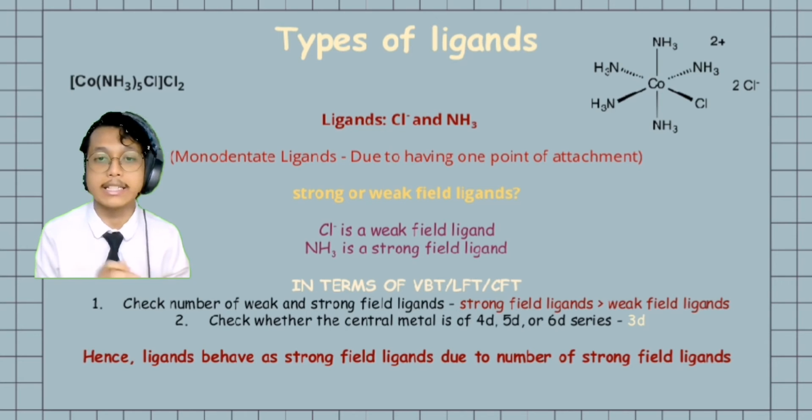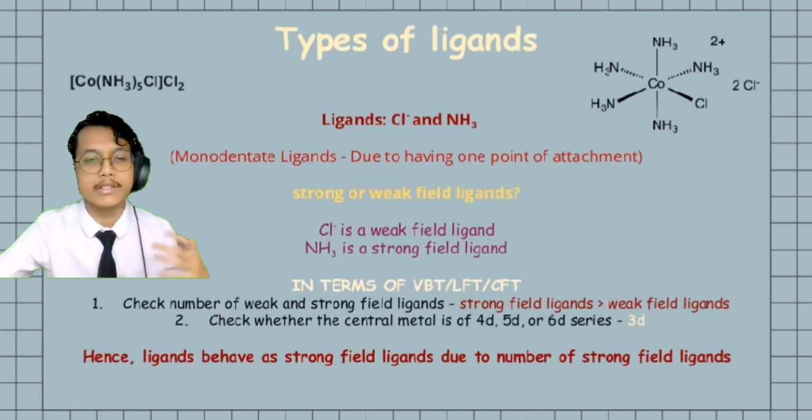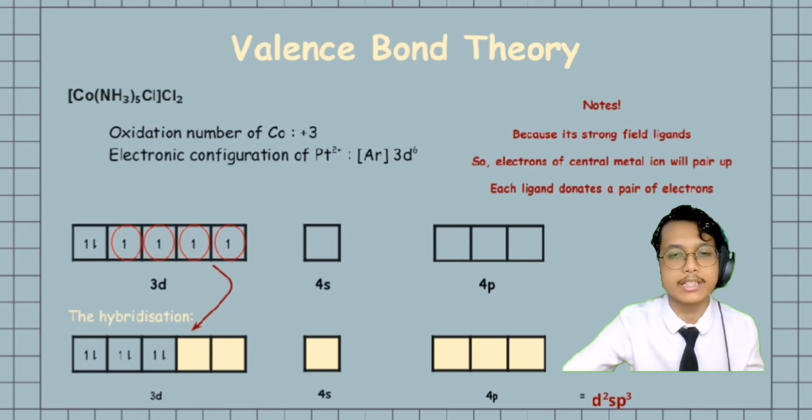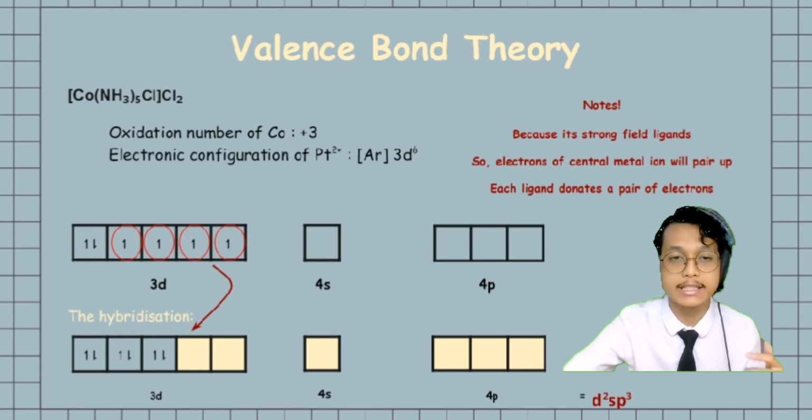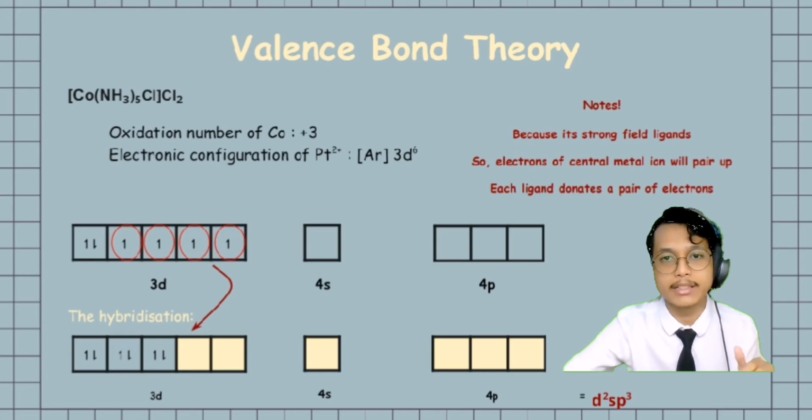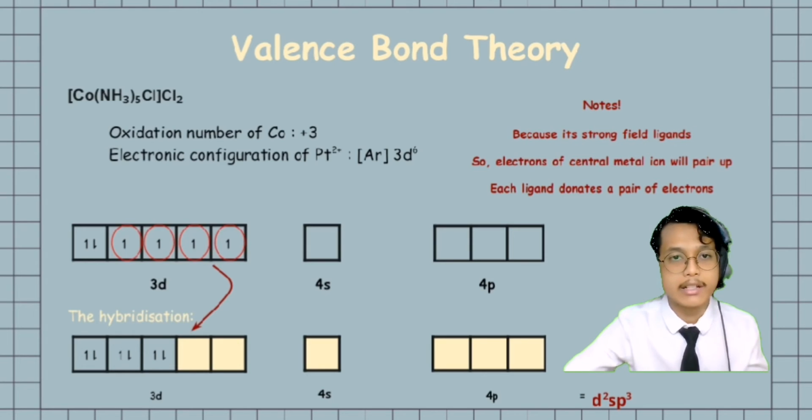So, for the valence bond theory, we must find the oxidation state of the cobalt ion, which is +3, and the electronic configuration is [Ar] 3d6. So, the electrons will arrange themselves in the 3d orbitals like we see in the diagram.